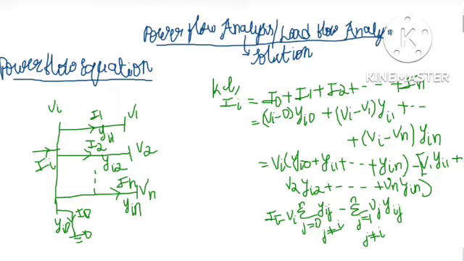Then the minus term can be written as the summation over j equal to 1 to n of Vj into Yij. See here V1 Yi1, V2 Yi2.